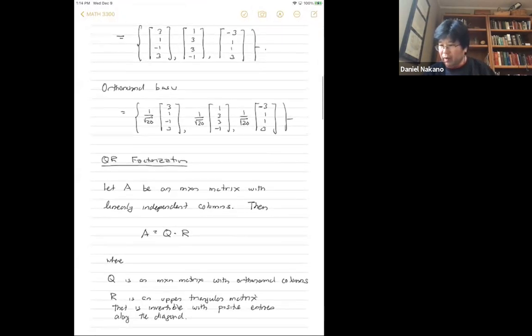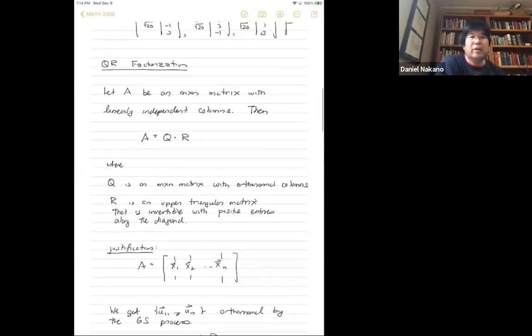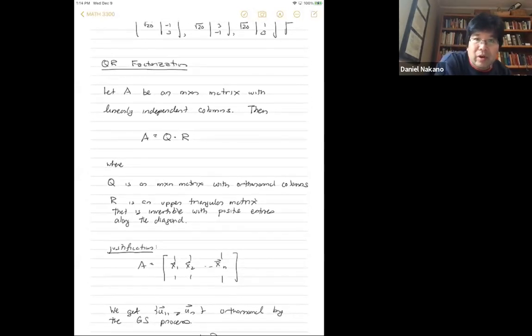Now, in talking about the QR factorization, we start with an m by n matrix, and we're assuming it has linearly independent columns. So if that's true, then we can write A as Q times R, where Q is an m by m matrix.